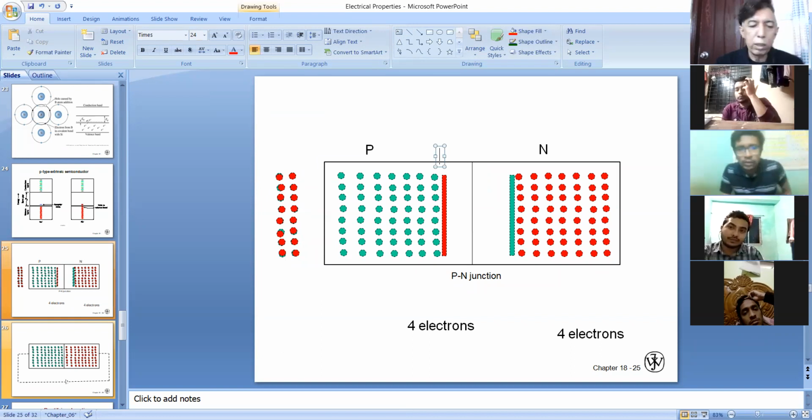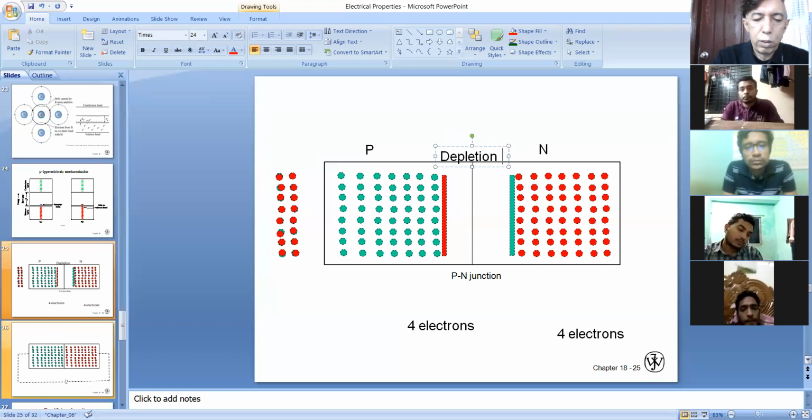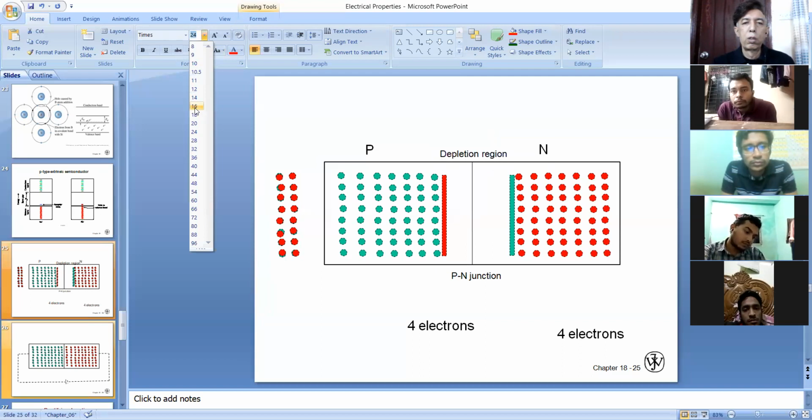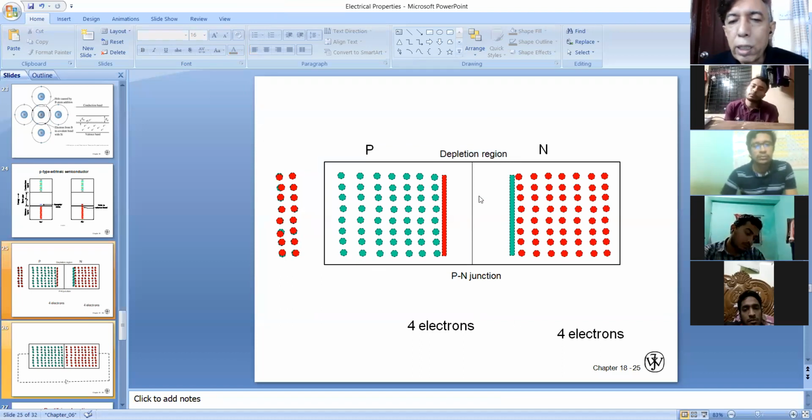Why depletion region? Because here some electrons and holes are depleted.